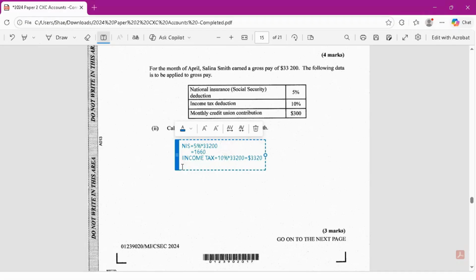And then we also have the monthly credit union contribution, which is equal to $300. So her net pay is equal to her gross pay minus total deductions.